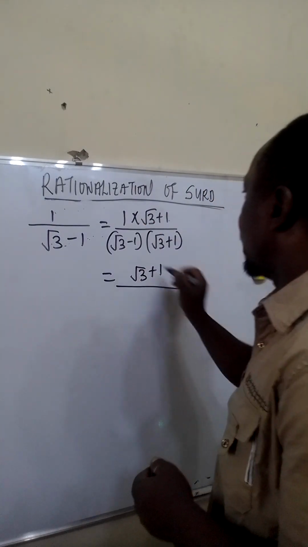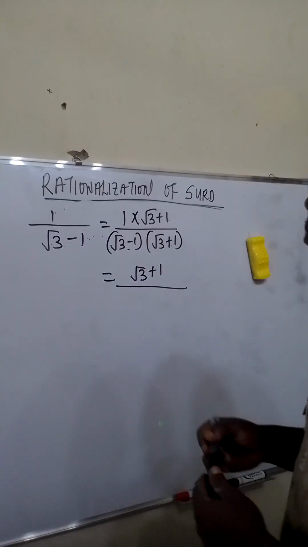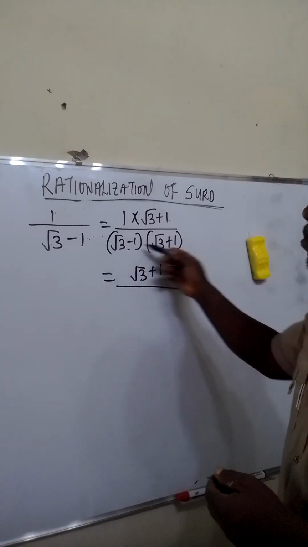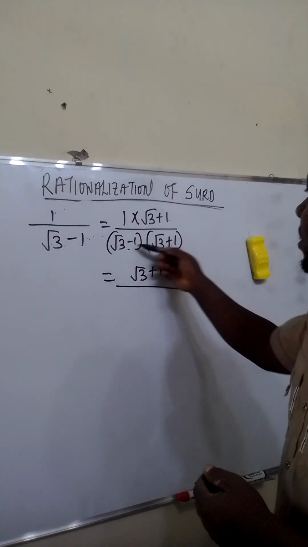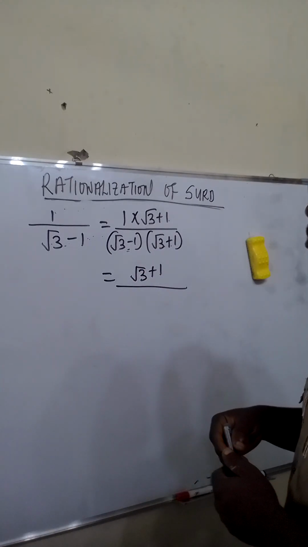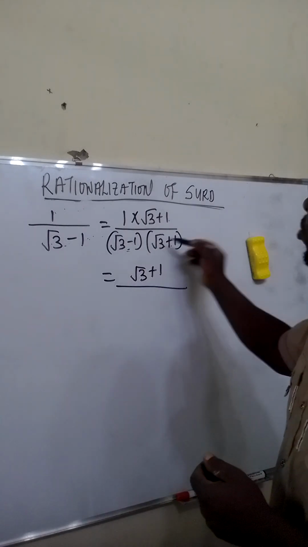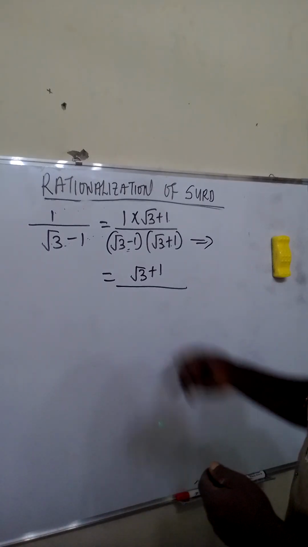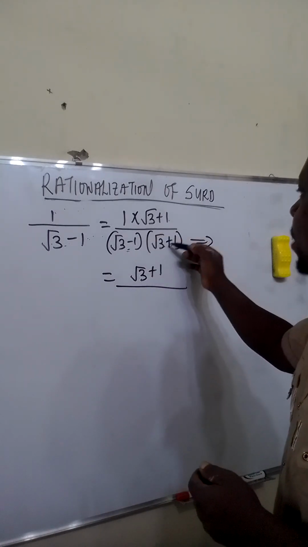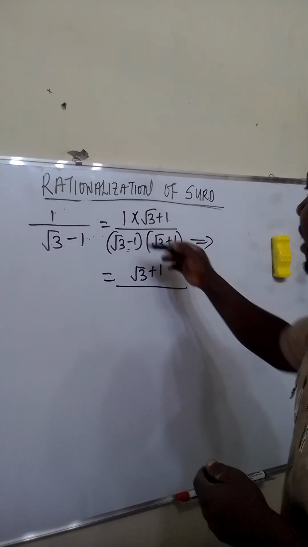This will be the same thing as 1 times root 3 plus 1, which is root 3 plus 1. Looking at this, there are two ways of solving this. We can decide to expand this fraction, or we can decide to apply difference of two squares. When you look at it carefully, you have minus 1 and plus 1, and they are the same, just the sign that changes.